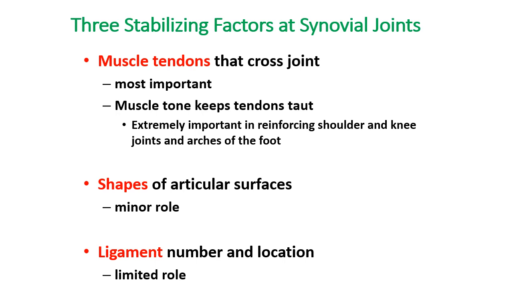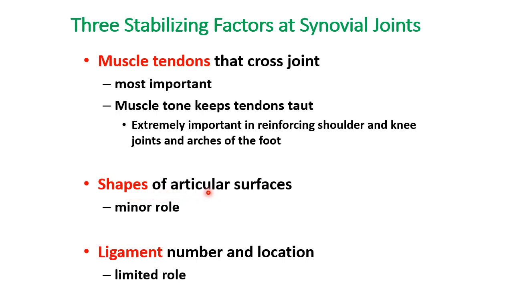So joints need to be stabilized, right? So you have several stabilizing factors at the joints. The first thing, the most important stabilizing factor, is muscle tendons. Those give very good structural support or stabilization to the joints. And if you have fit muscles, you're going to also have fit muscle tendons.